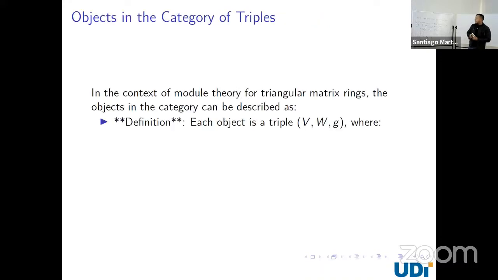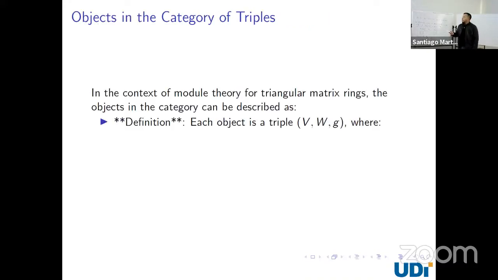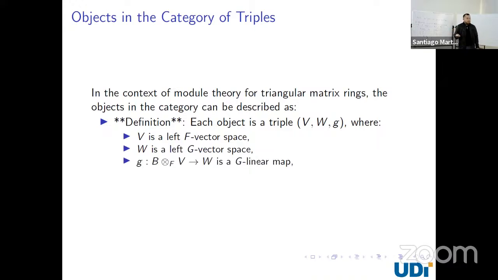But before that, to use these nice properties on this partition, I want to define a new category, which was a really handy tool to also describe the radicals. And it's this one. In the context of model theory and triangular matrix rings, we can define new objects formed by a triple B, W, g, where B is a left F vector space, W is a left G vector space, and we have a G-linear map.